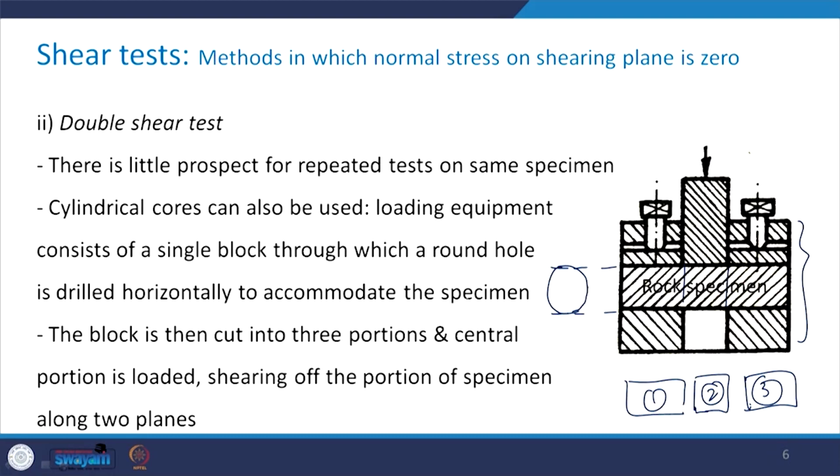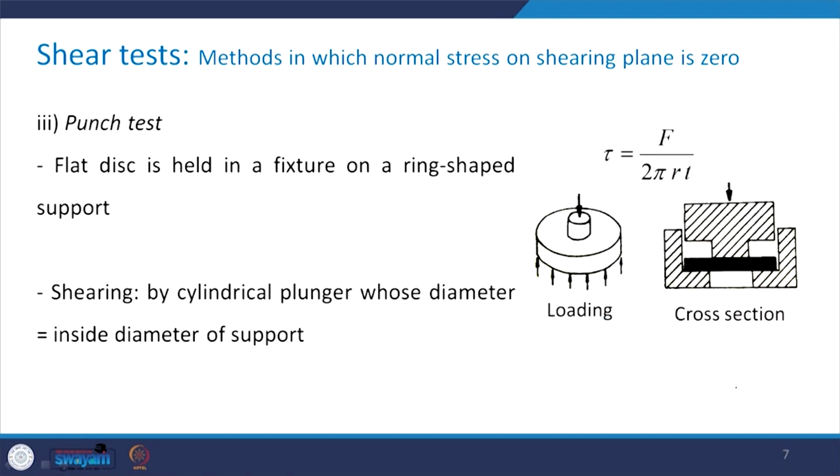Then the block is cut into 3 portions. The central portion is loaded and this shears the portion of the specimen along these 2 planes. So, this is better than the single shear test, but it also has its share of disadvantages.